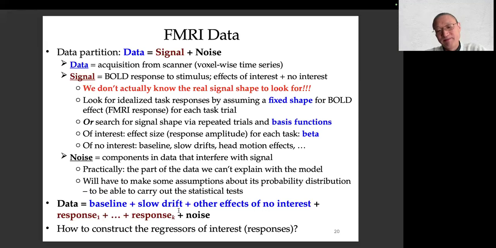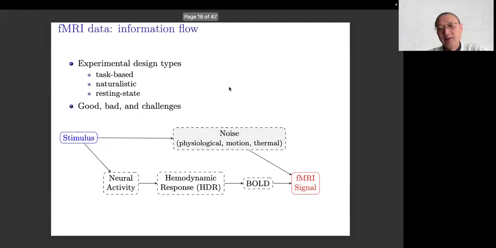Then the noise. As I mentioned earlier, the noise can be thermal noise. That's usually random fluctuation, and that's okay, right? Because it's random, we can more comfortably say it follows a Gaussian distribution, supposing it's white noise. The more challenging part is the physiological and the motion, right?